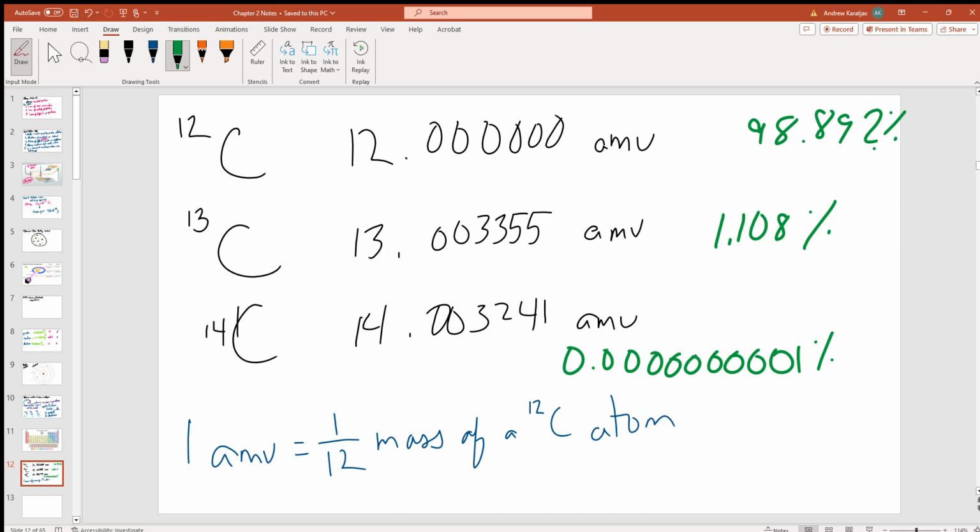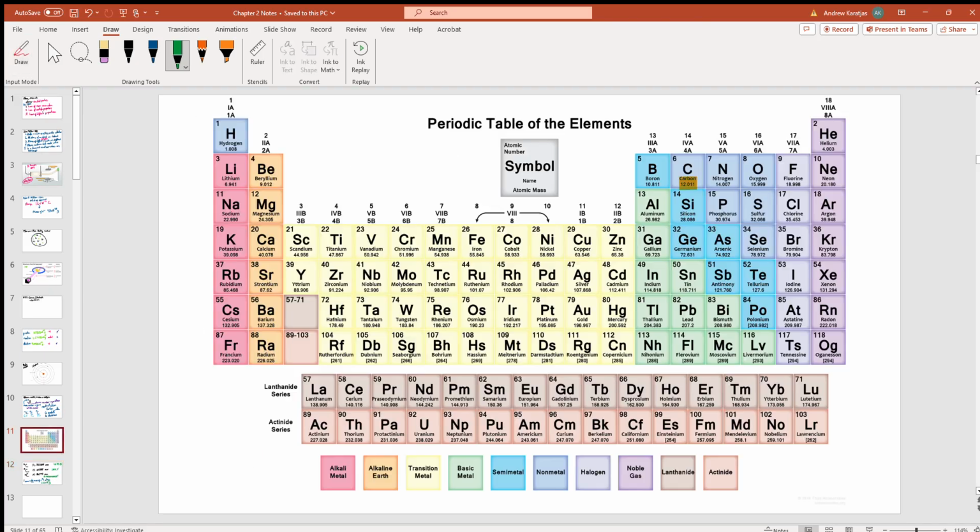And if we want a number, it's approximately 1.66 times 10 to the minus 24 grams. Now, again, if we go back to our periodic table here, we can see that carbon is listed not at 12, but 12.011.